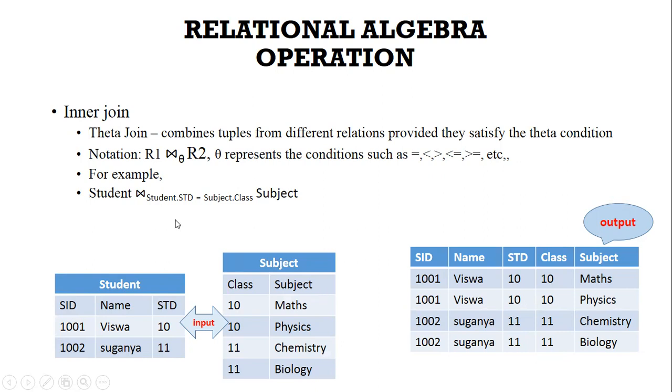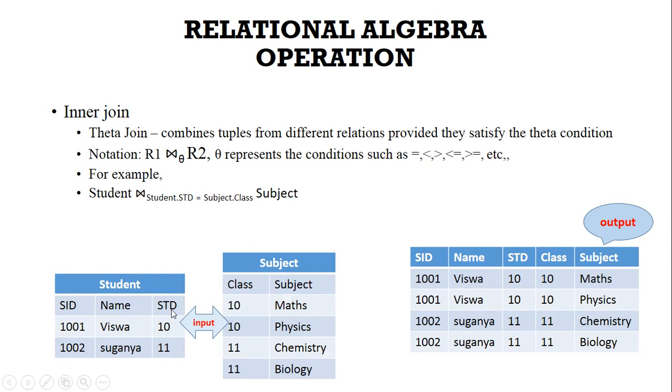Here, what I want to do is perform the inner theta join: student.std equal to subject.class. The meaning is, we are going to relate the standard from the student table and the class from the subject table.